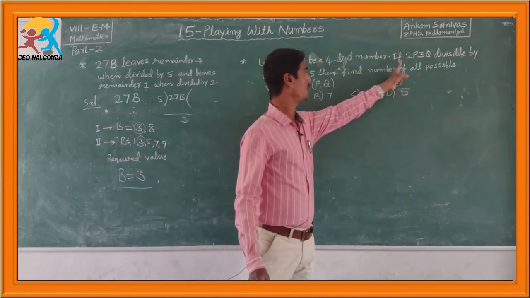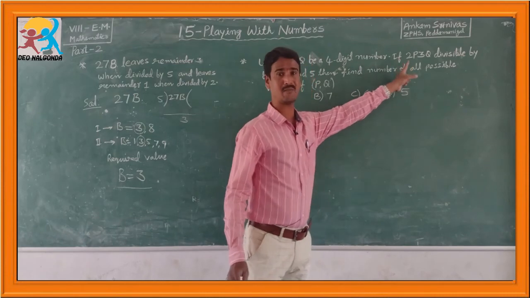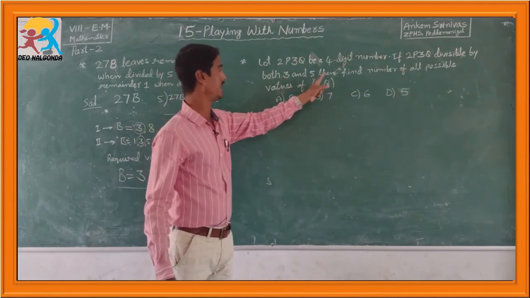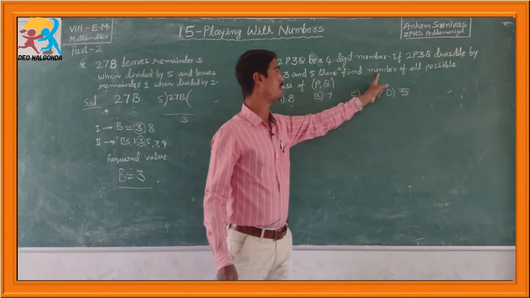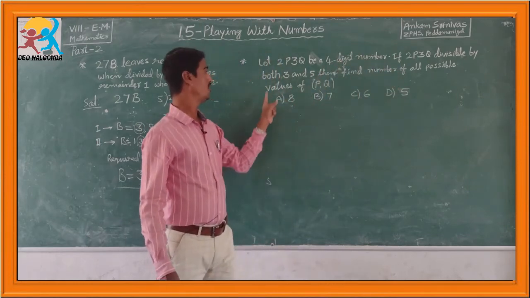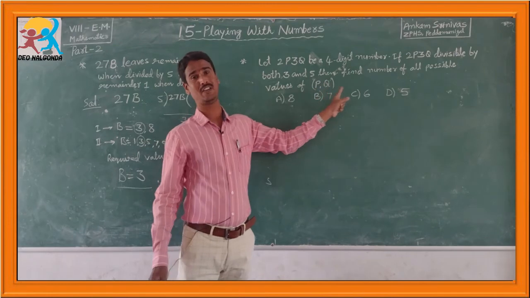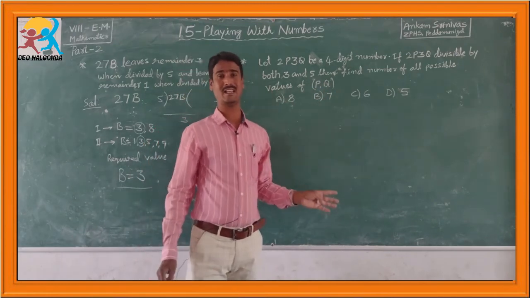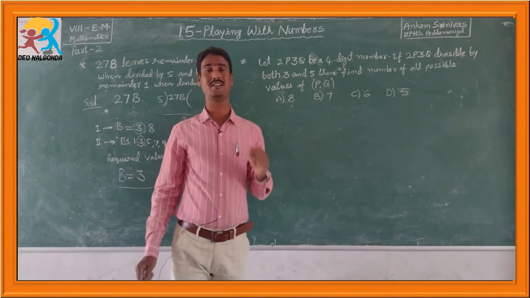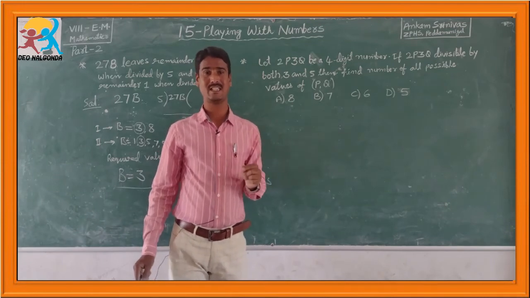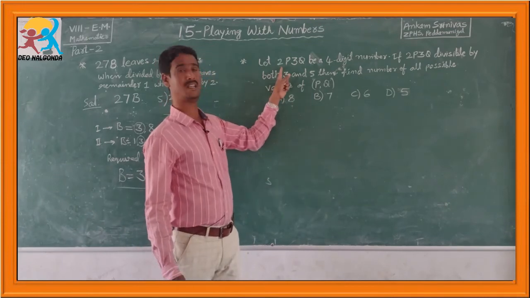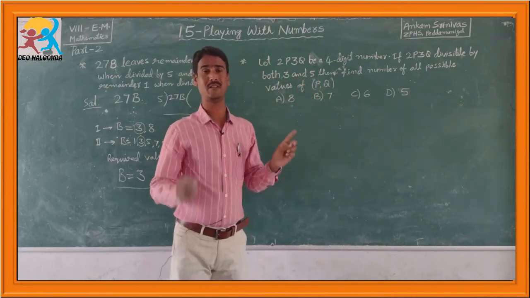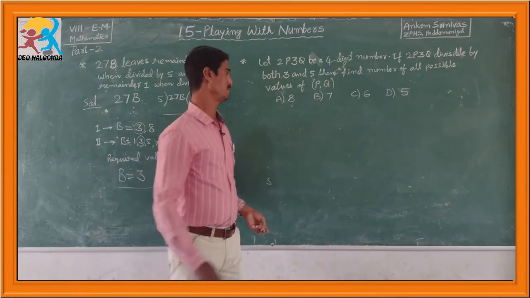If 2p3q, the given number, is divisible by both 3 and 5, then find the number of all possible values of p comma q. So we have to find the p, q values such that the given number is divisible by both 3 and 5, that means remainder 0.